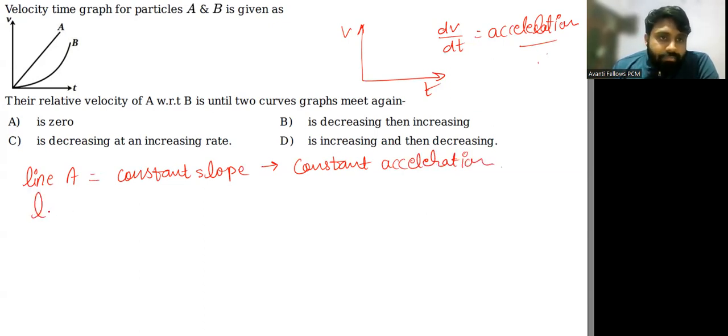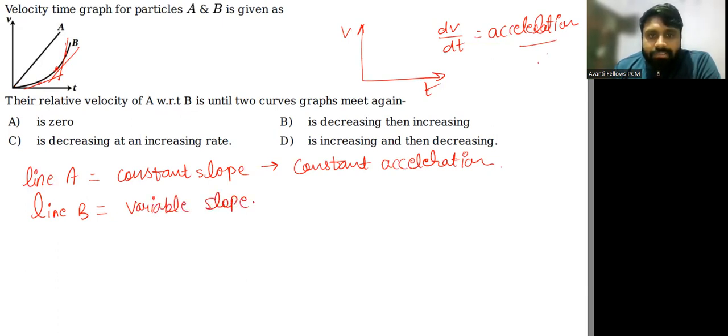But if you talk about line B, it has a variable slope, because at this point if you draw the tangent it will vary, and at this point it will vary. So the slope of curve B is varying in nature, which means variable or non-uniform acceleration.